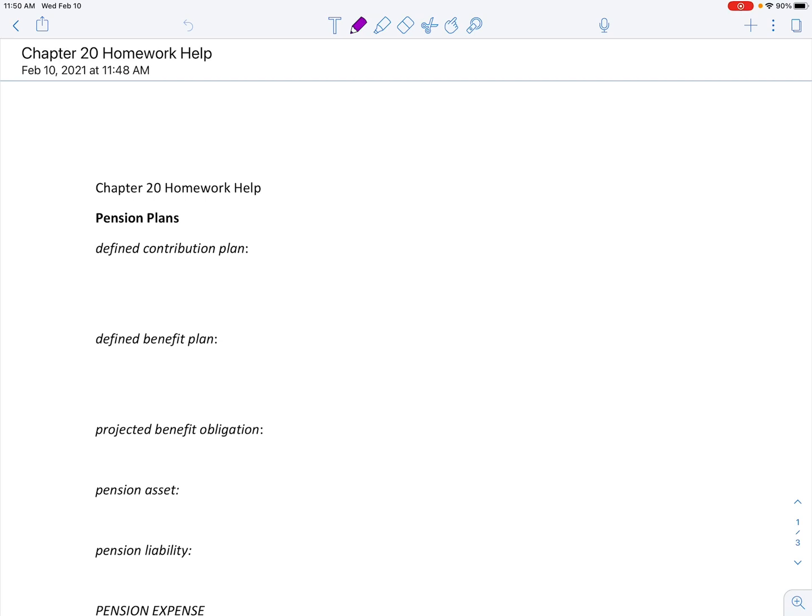We have a defined contribution plan. In this plan, the employer, or ER, I'm going to abbreviate throughout just to make sure we save some space and time, agrees to contribute a sum each period.